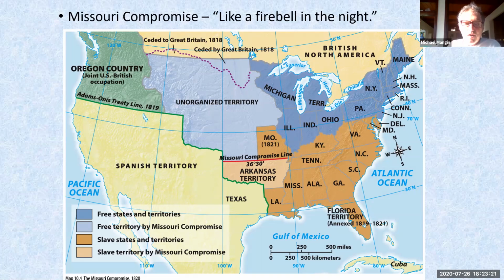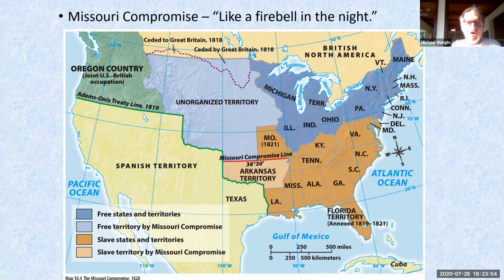Missouri applied for statehood as a slave state, but the House of Representatives passed a law which was going to require Missouri to get rid of slavery in 25 years. Well, the South would not stand for that. And there was a standoff between the South and the North.